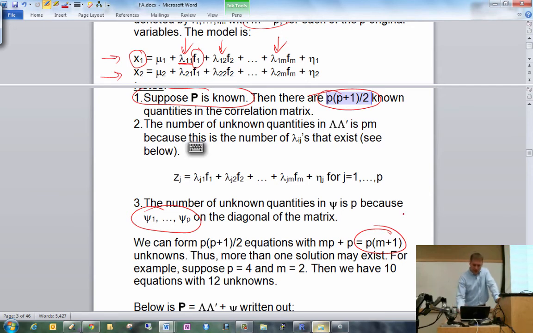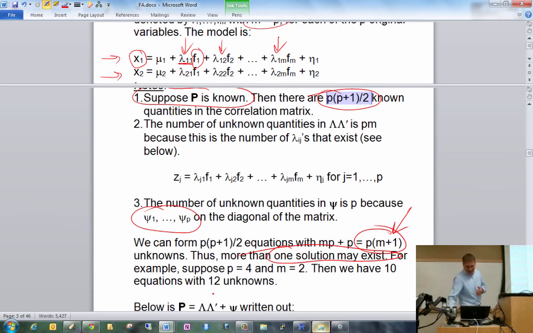But the problem is, the number of unknowns is typically not going to match up. And so, remember back to your old algebra days, more than one solution may exist. Well, that's a problem. Which solution do you choose?